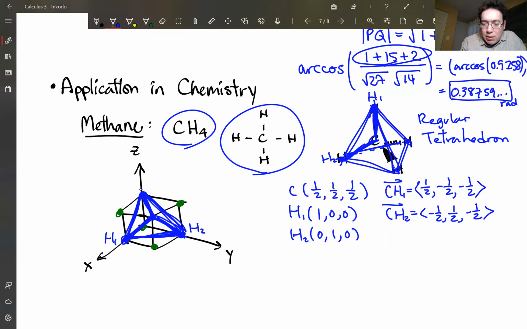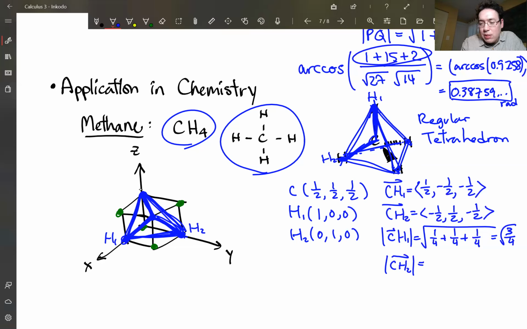We can compute the magnitude, so it's 1/2 squared plus 1/2 squared plus 1/2 squared. And the magnitude of the other vector is exactly the same.